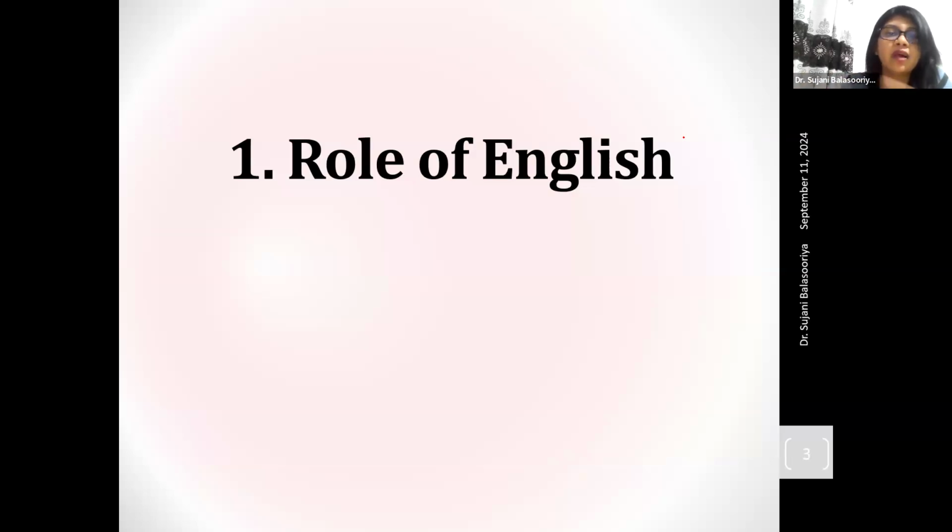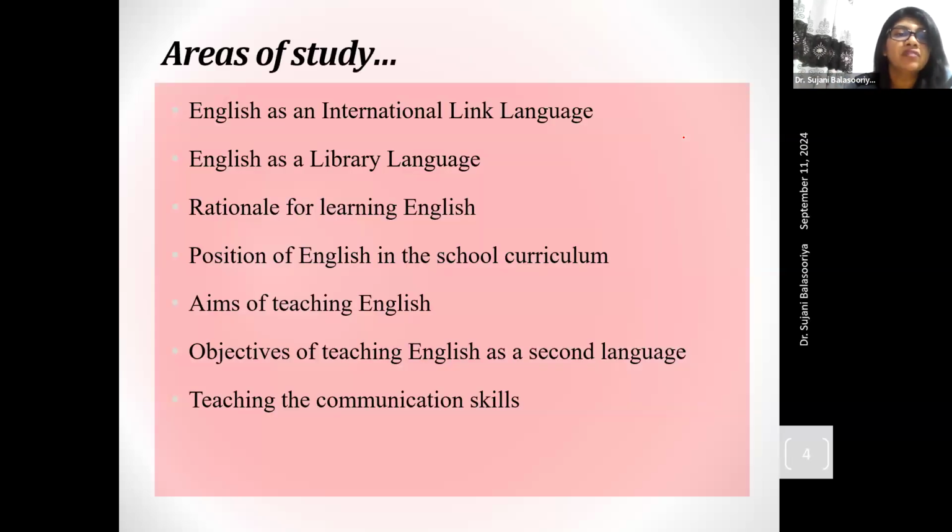Therefore, now I am coming directly to unit number 1, which is on the role of English, and we are going to discuss the role of English from different aspects. You can find them under areas of study here. We are going to talk about English as an international link language, English as a library language, and the rationale for learning English. Why are we learning English?